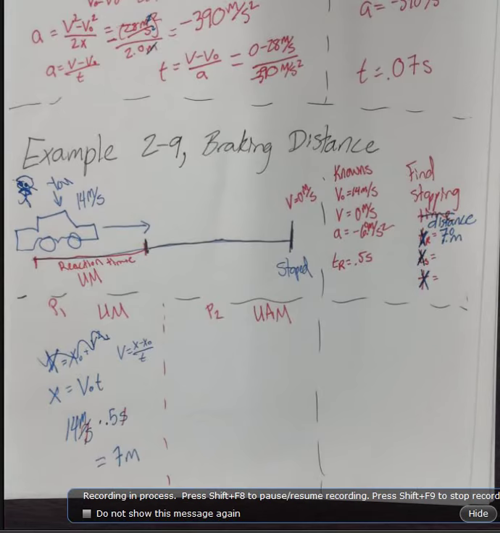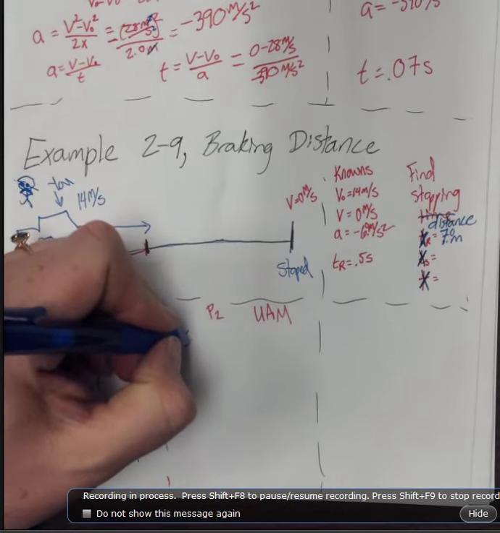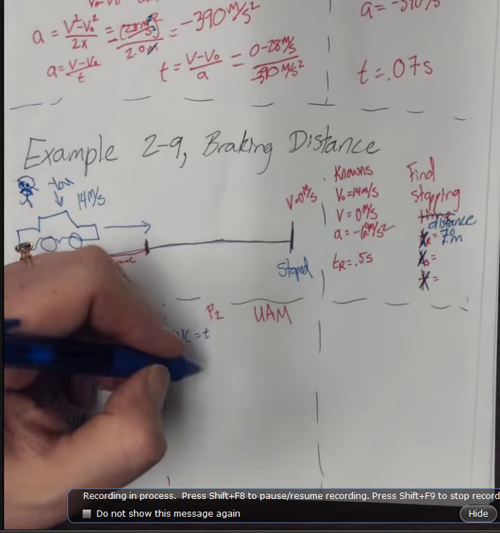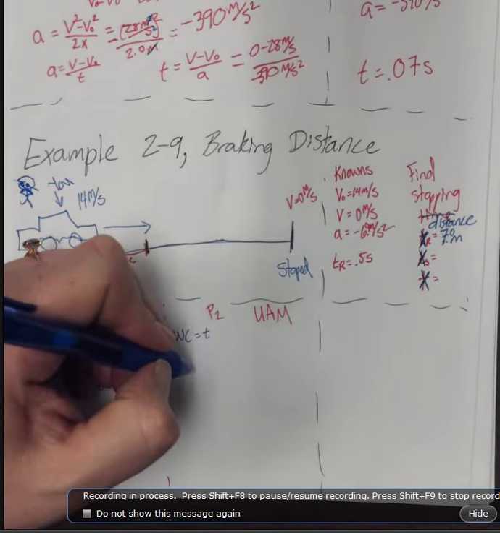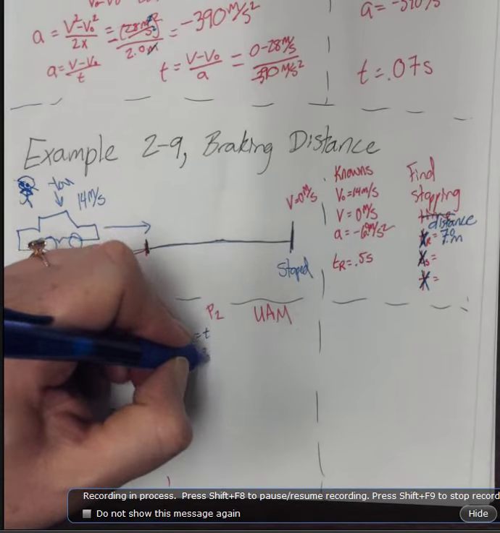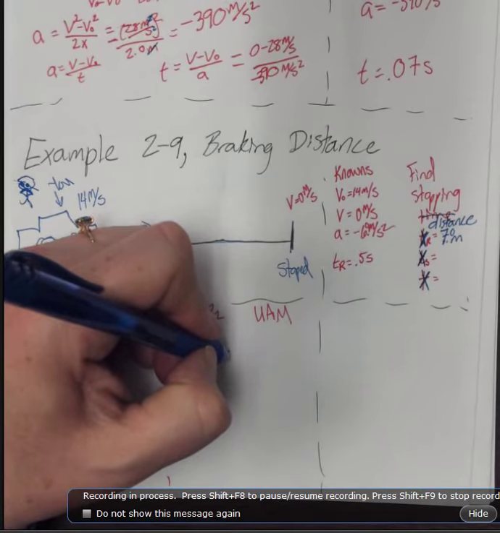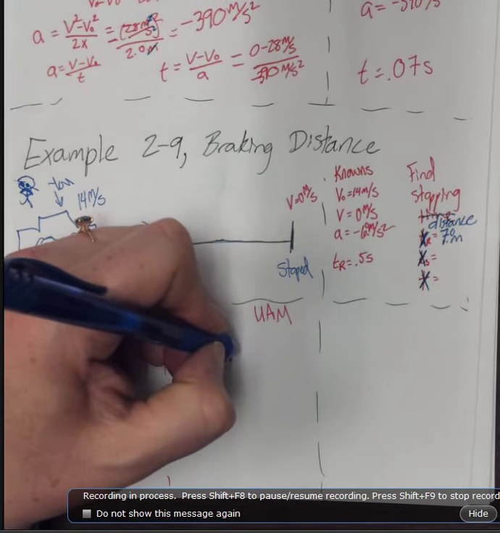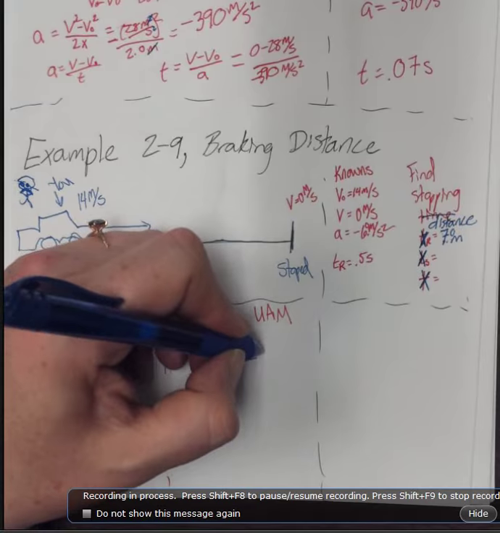Next, we need to figure out what displacement we have in the second situation. In the second situation, we don't know how long it took, and maybe we don't even need to worry. Who cares about time? Because we have a relationship without time: the final velocity squared will be equal to the initial velocity squared plus 2ax.